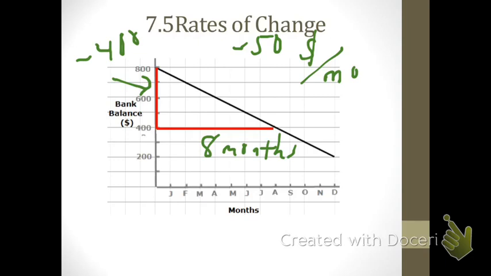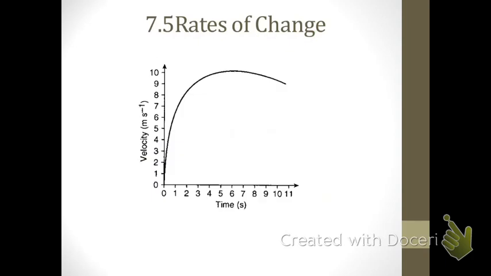Let me give you another example of how a slope represents a rate of change. Let's take a look at this graph, which compares the velocity of an object in motion with how long it's been in motion. If I wanted to look at the rate of change for this curve, I can find the slope of a secant line, and you can see the secant line that I drew right there.